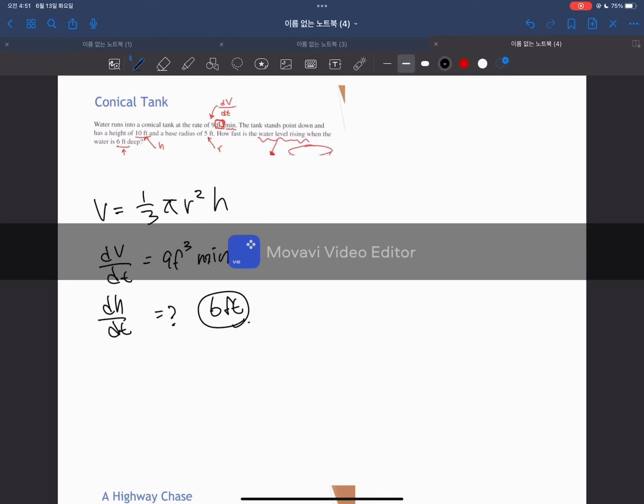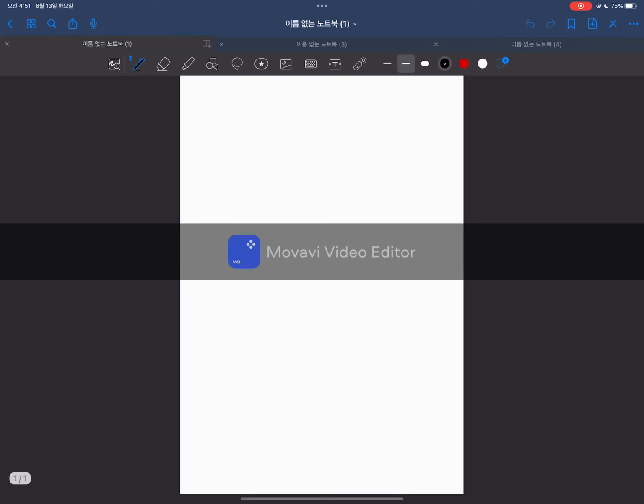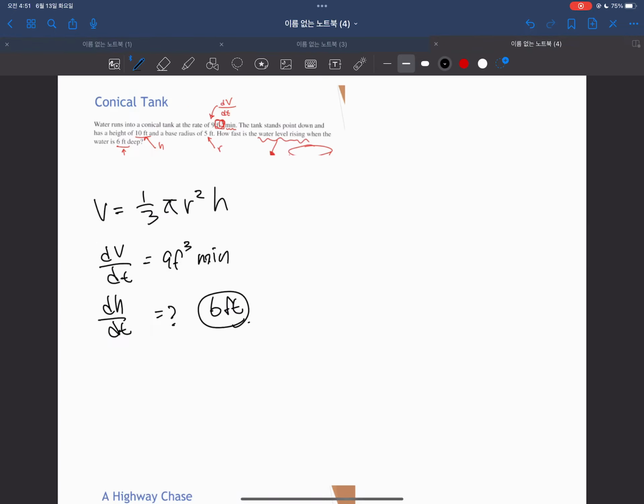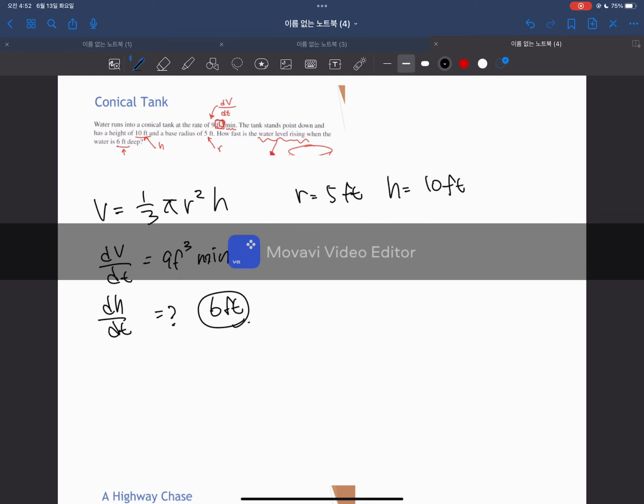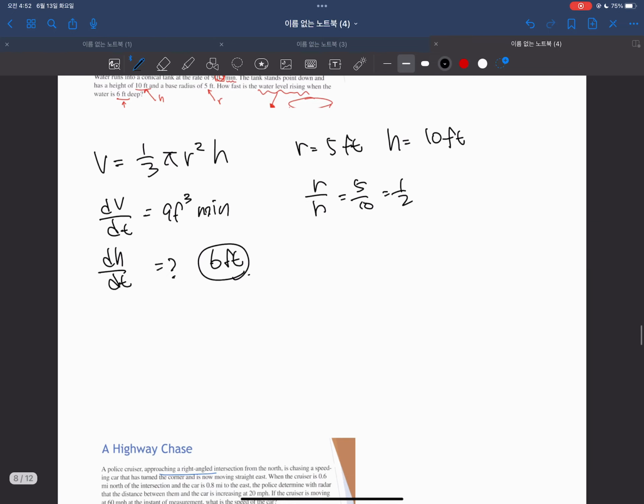So we know the radius is 5 feet and the height is 10 feet. So we can say that r over h is 5/10, which means 1/2. When you multiply h on both sides, we get r is equal to h over 2.